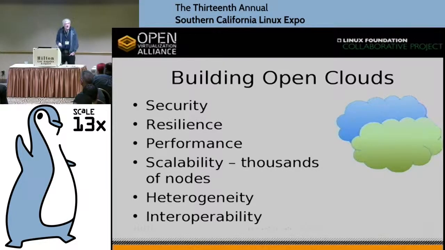Performance, again, is key in terms of people getting the service that they want, and the scalability of open clouds goes into thousands or tens of thousands of nodes. Open clouds can also potentially be heterogeneous, so have different processors within them, and the interoperability to be able to share workloads, to cloud burst from one cloud to another cloud if the load goes up, becomes key.